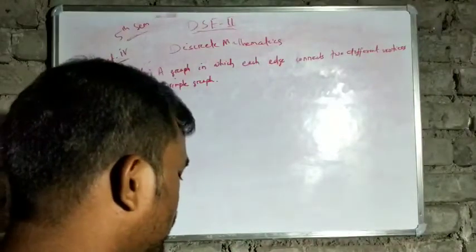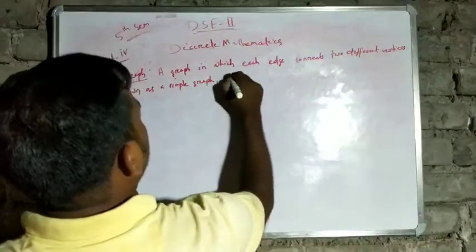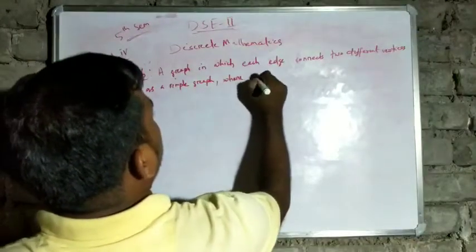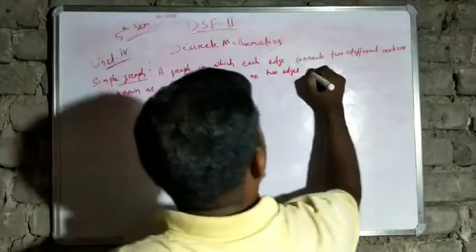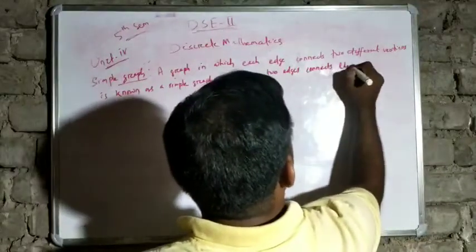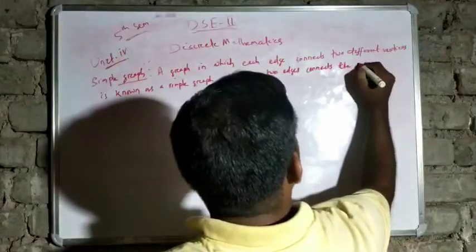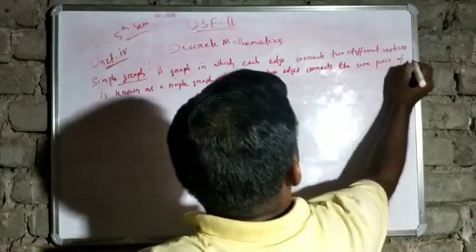In a simple graph, no two edges connect the same pair of vertices.